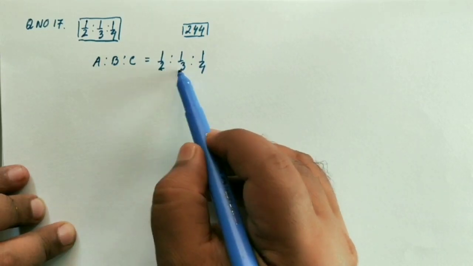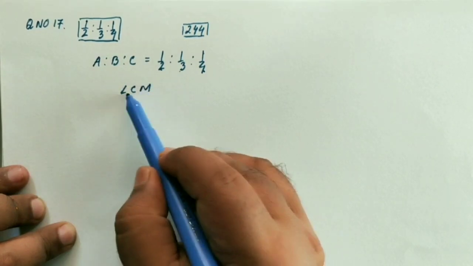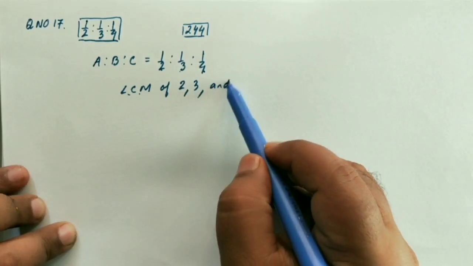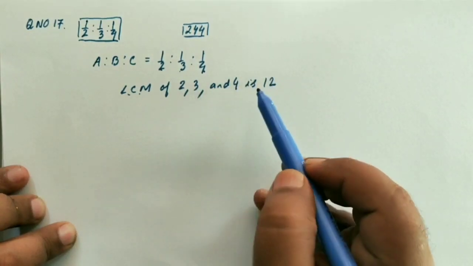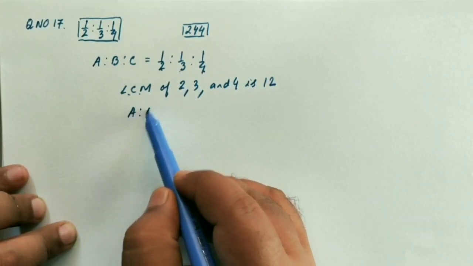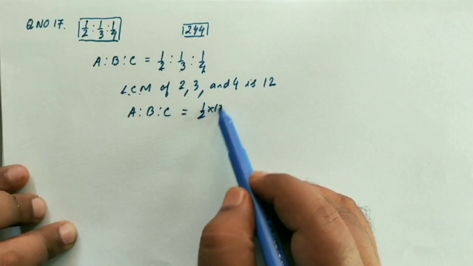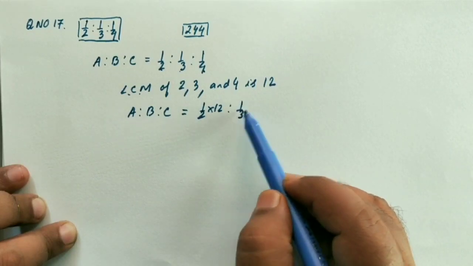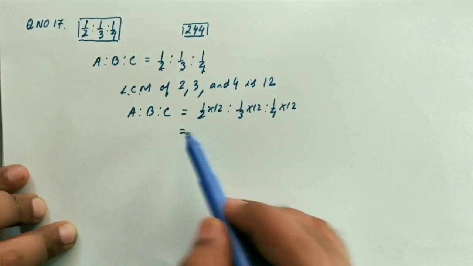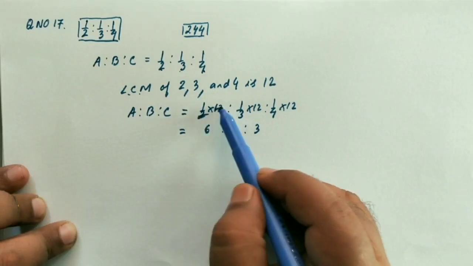For that, the LCM of 2, 3 and 4 is 12. So I'll multiply each of the fractions with 12. So A is to B is to C is 1/2 into 12, 1/3 into 12 and 1/4 into 12. It is 6 is to 4 is to 3. I suppose you know how.